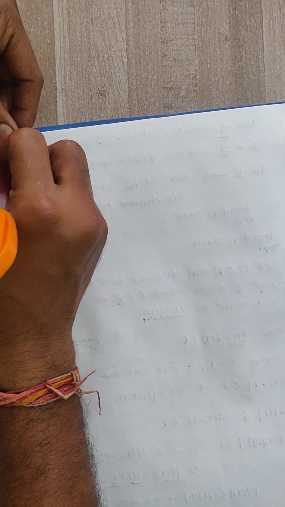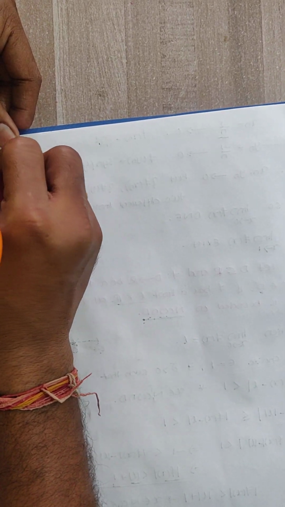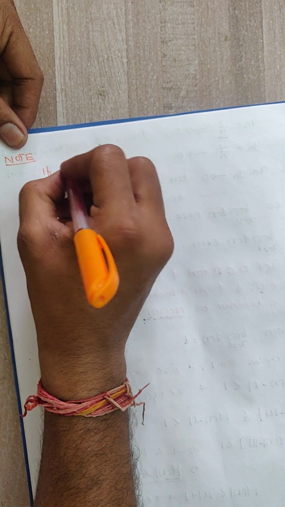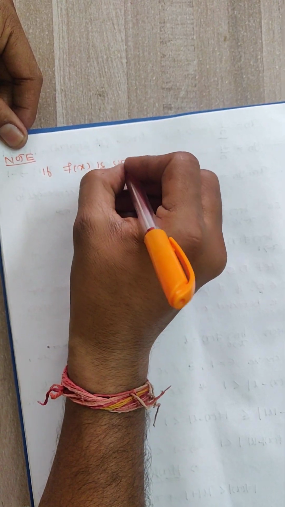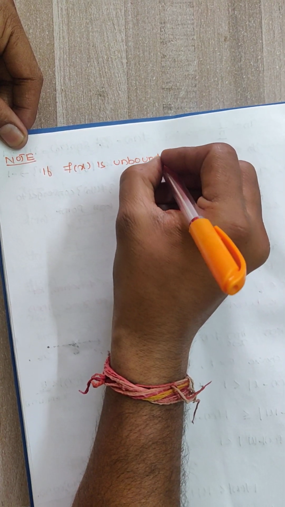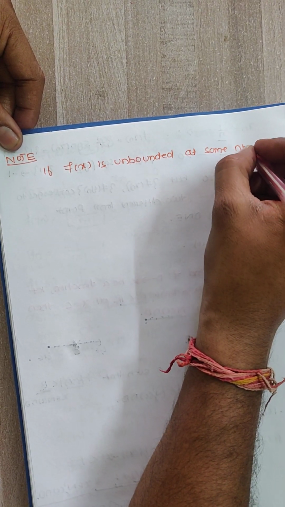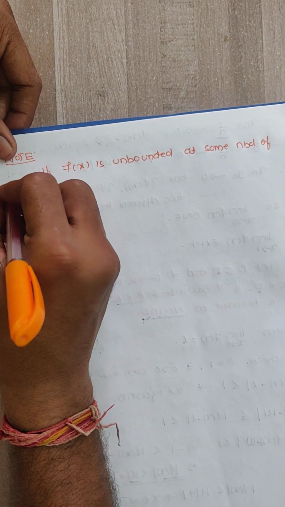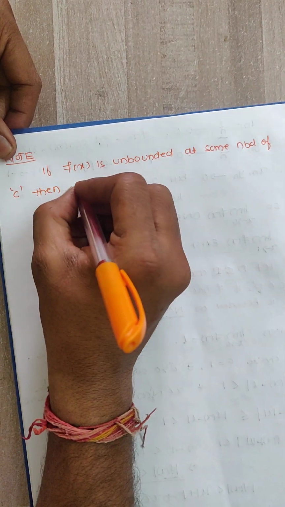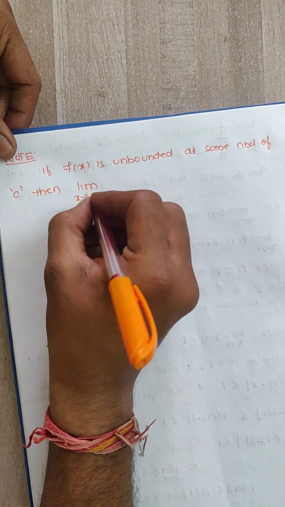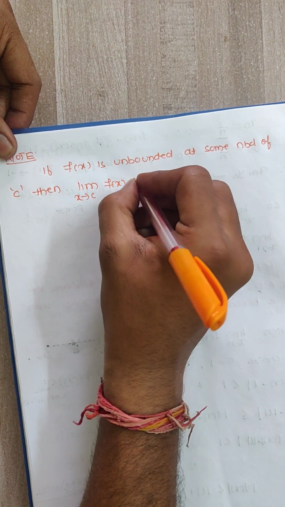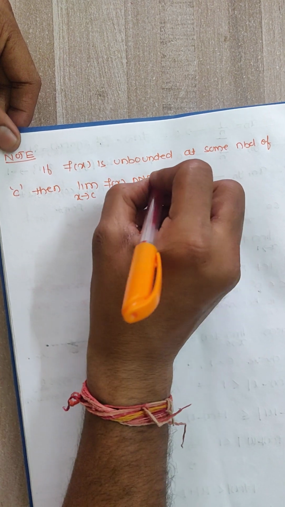Here there is a small deduction, just note, I am writing a simple note that if f(x) is unbounded at some neighborhood of C, then we can say that limit x tends to C of f(x) does not exist.